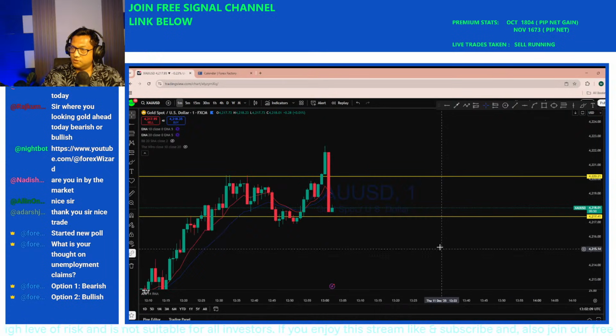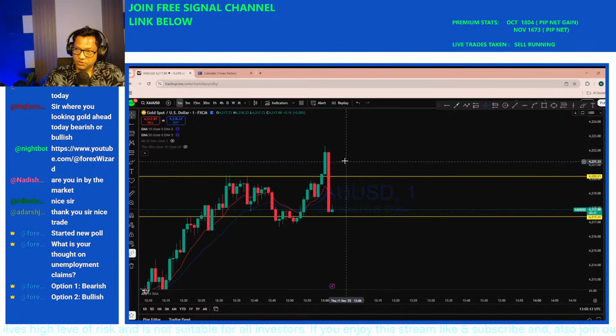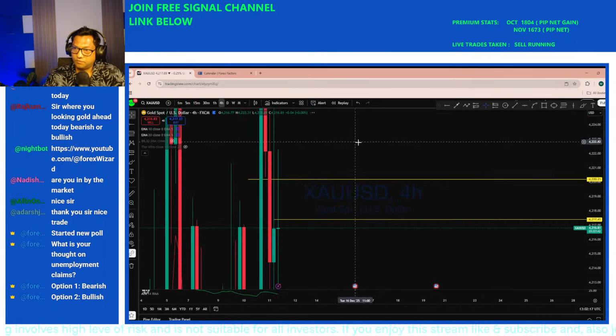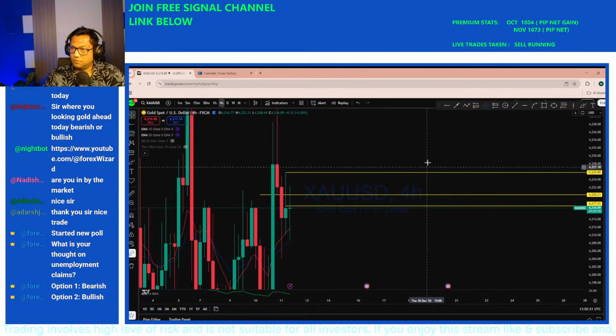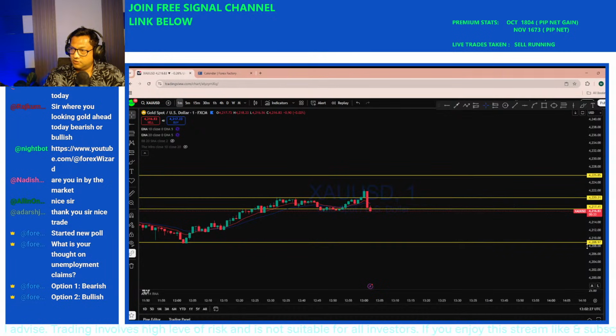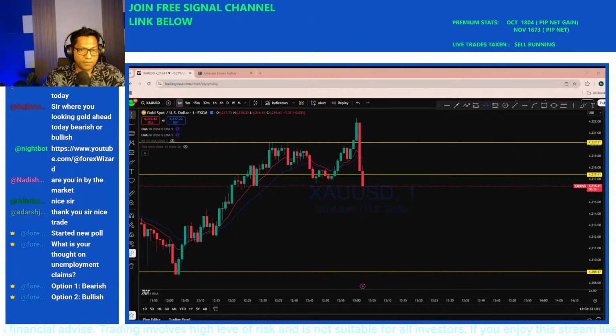Look at this, a very long rejection from this high, and it might even come back to retest this low here. I think it's possible for the market to drop down again for another retest back below.